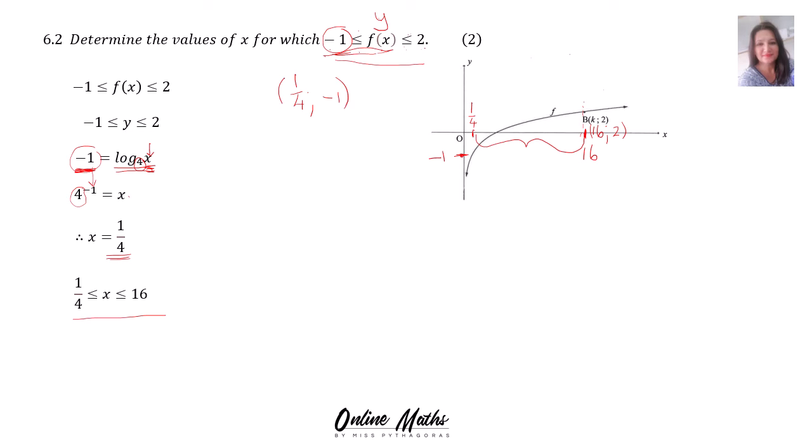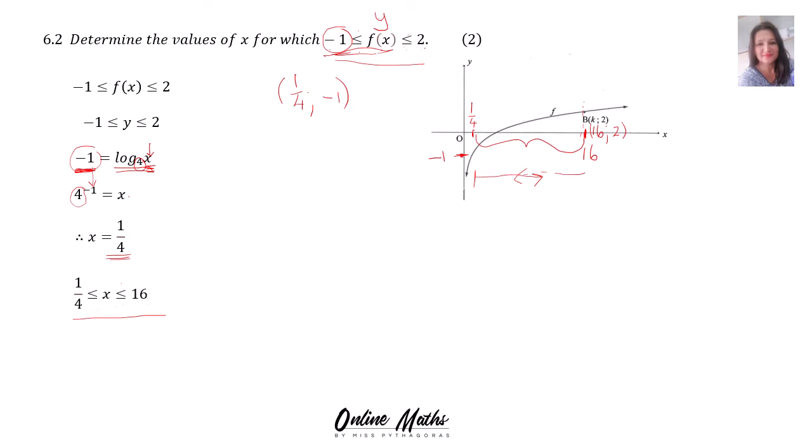And how do you write that in maths? You write x smaller or equal to 16, so that implies it's going that way, and then x greater or equal to a quarter means all the x's going that way.